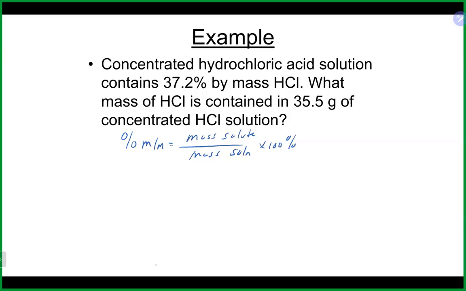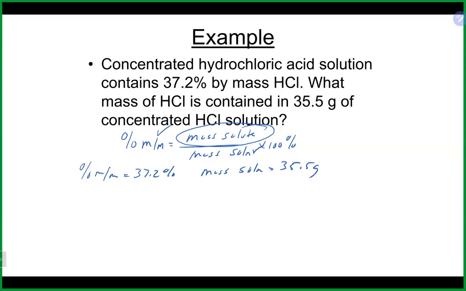So in this case, we are given the percent mass to mass of 37.2%. We also have the mass of the solution given to us, which is 35.5 grams. So you definitely have this. You can solve for the mass of the solute by plugging into there.